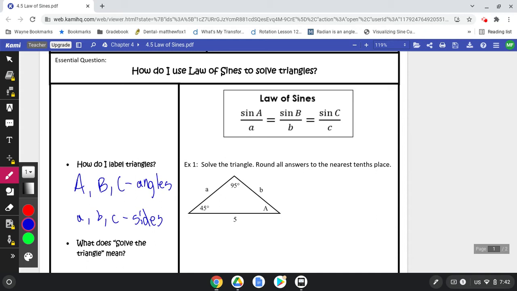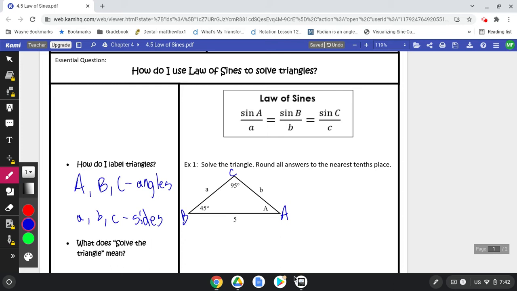So if we look here, do you see how there's a little a for the side that is opposite of angle A over here? Meanwhile, little b is opposite of this angle, 45, that would be our B, and 95 and 5, those are our C's. So if I wanted to, I could label this A, B, and C on the corners like that.